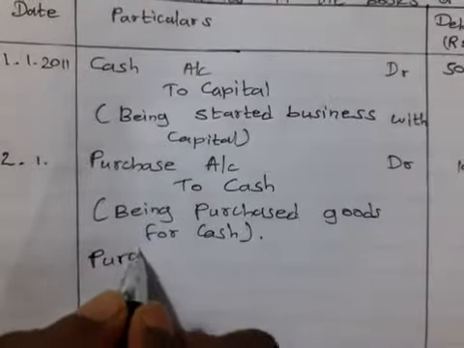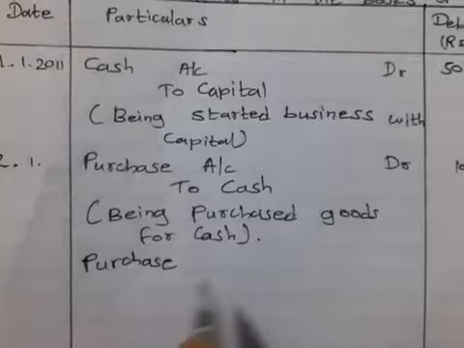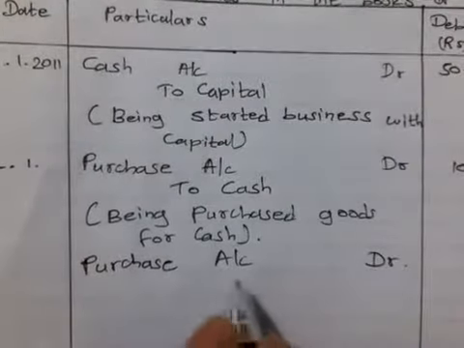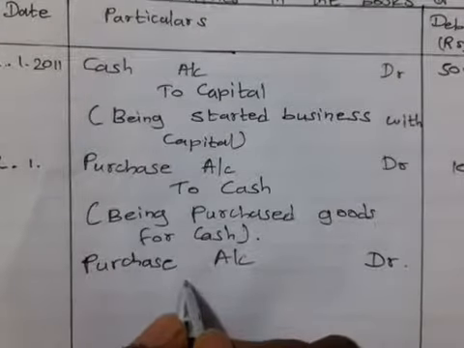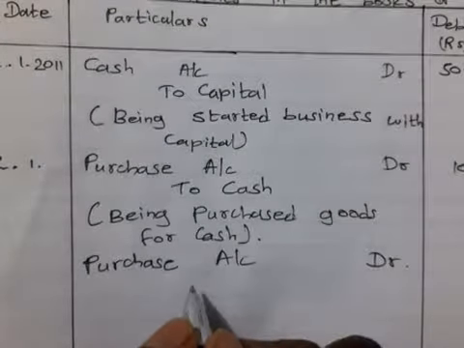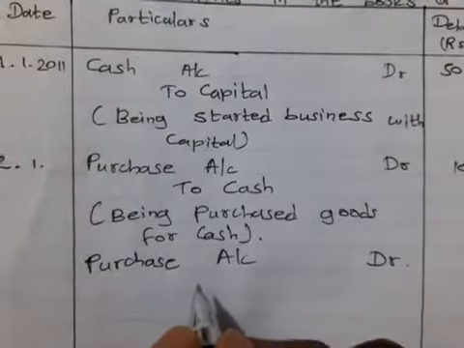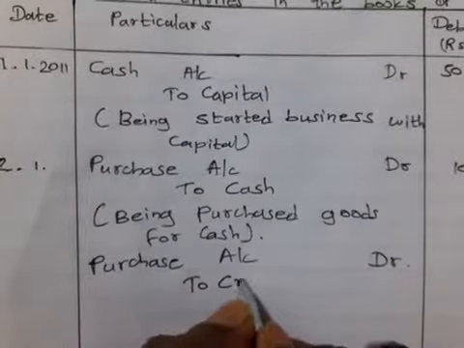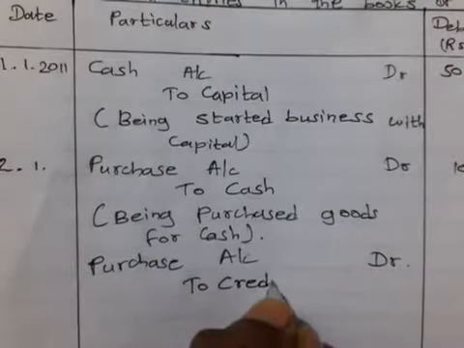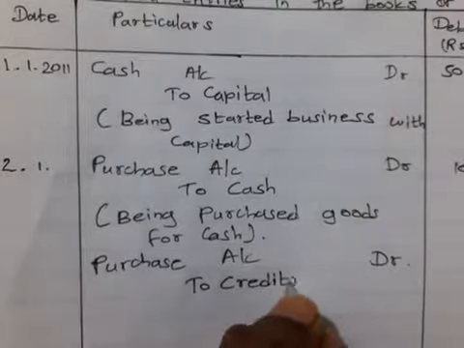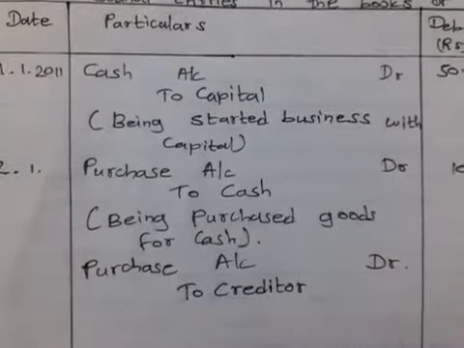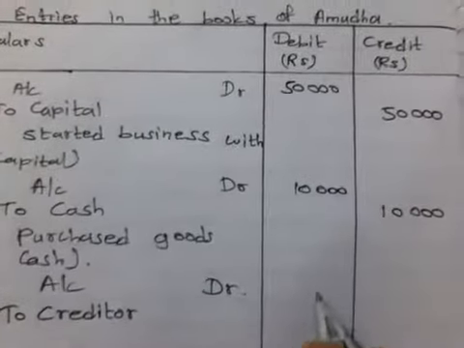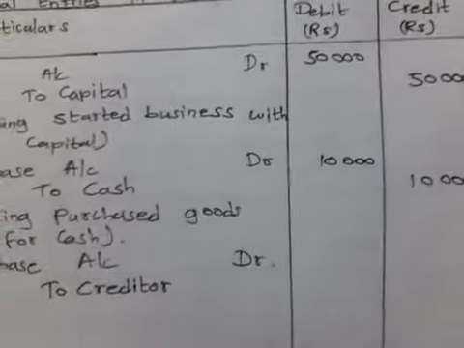Again purchase increases. But in this case we are not paying cash, we are purchasing on credit terms, so again the creditor will increase, because creditor is a liability type of account. So it increases in credit side.